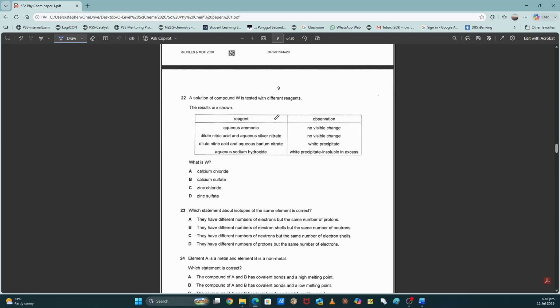Aqueous ammonia is to test for the cation. Dilute nitric acid plus silver nitrate is to test for chloride. Dilute nitric acid and barium nitrate is to test for sulfate. And this one is also testing for cations.